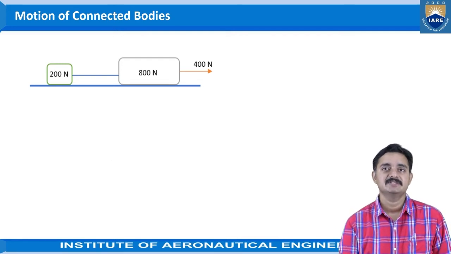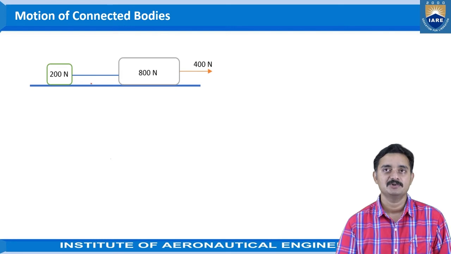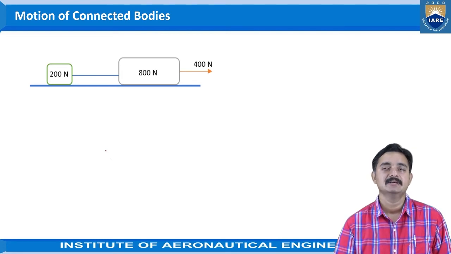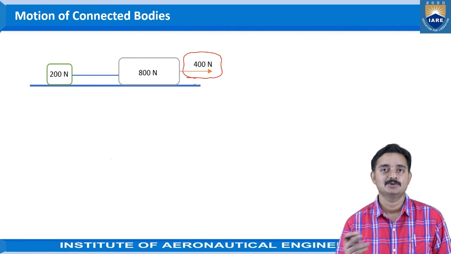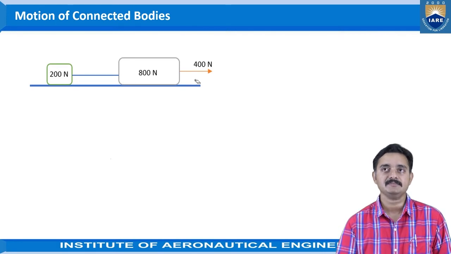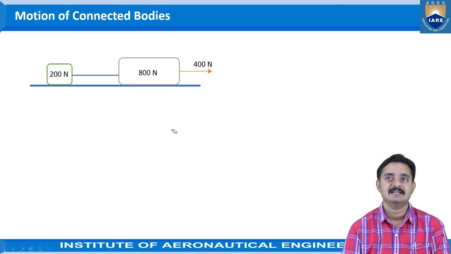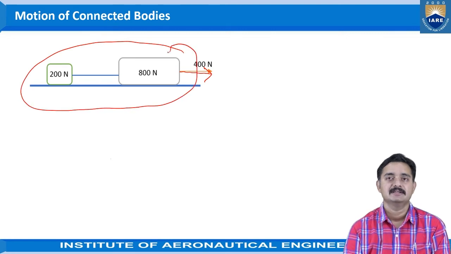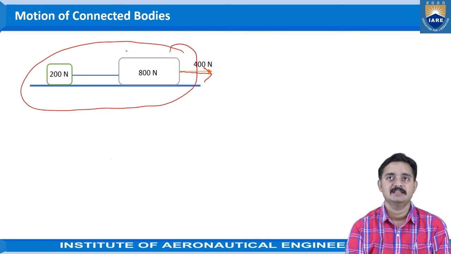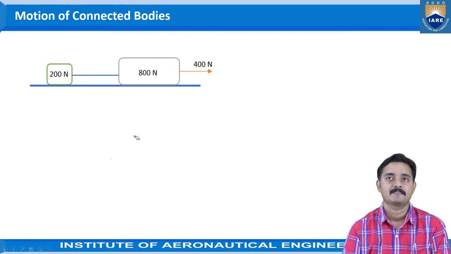In this present system, there are two bodies, a 200 Newton body and an 800 Newton body. There is a force of 400 Newtons acting towards the right side. By common sense, we can say that as the force is acting in the right hand direction, the connected bodies will be moving in the right hand direction.